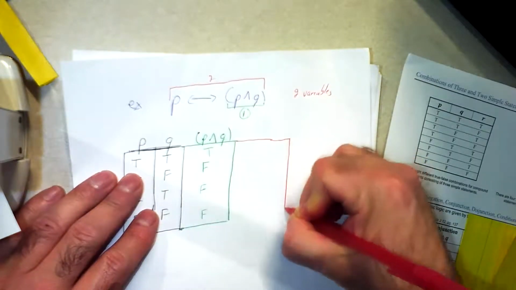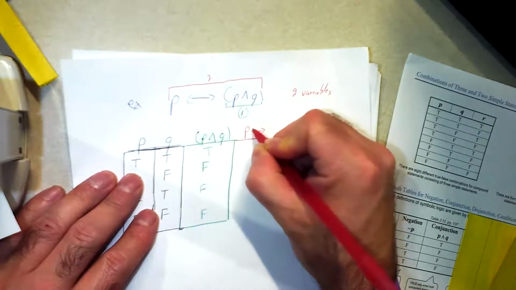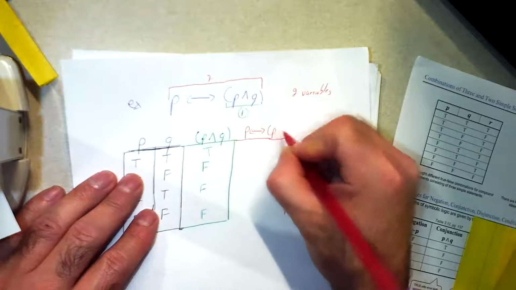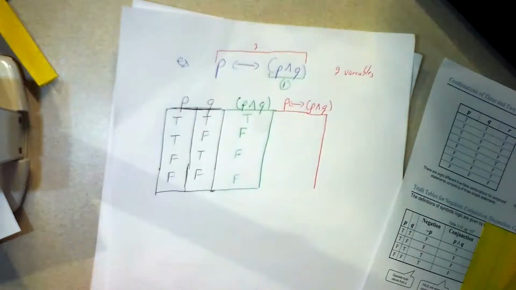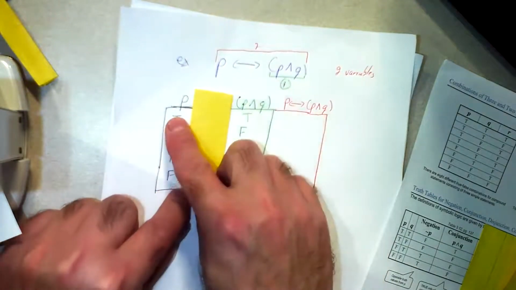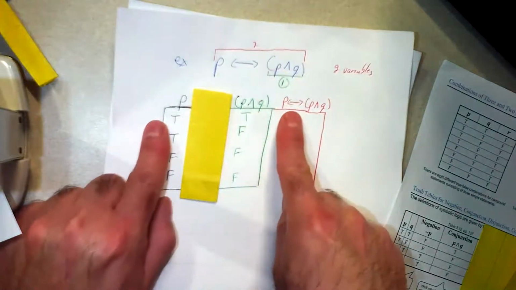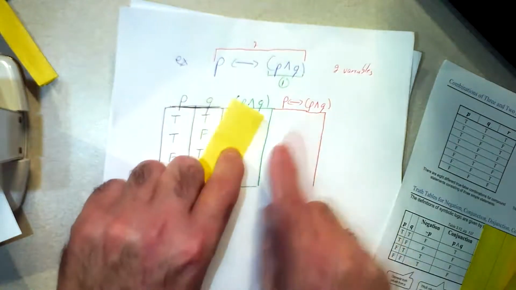So I am going to perform P double arrow with P and Q. On my table, on my paper, I'm going to cover up the Q. I don't need the Q because this line is saying to do P double arrow with the green results. That's what's written. P double arrow with P and Q, right?